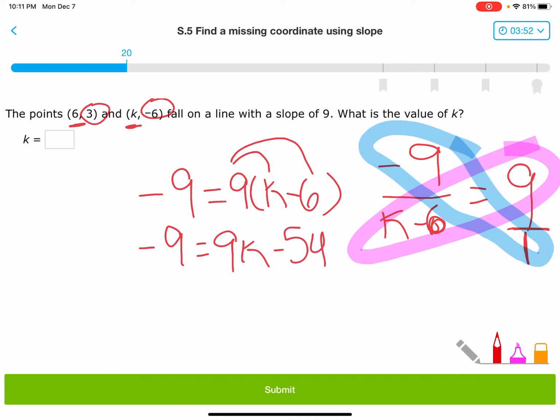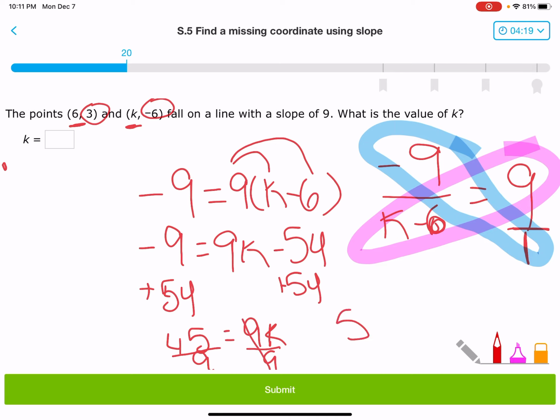We can add 54 on both sides, and we are left with 45 equals 9k. Divide by 9, and we are left with k equals 5.